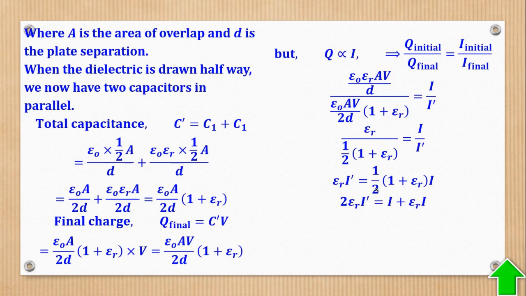Then I'll bring this to this side to give you this line and open the bracket. Then my aim is to make epsilon r the subject, so I'll bring the whole of this side to give you this line. Then epsilon r is common, factorize it out, then make it the subject, and that's what they wanted.